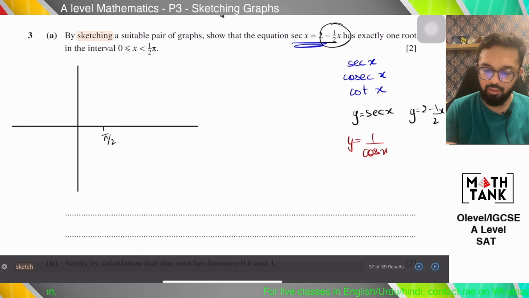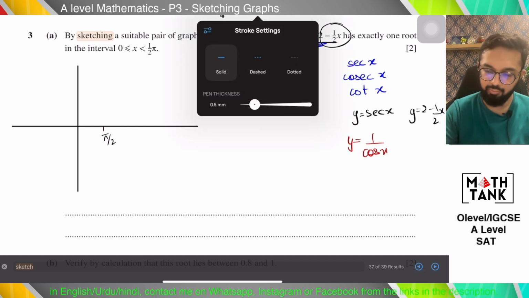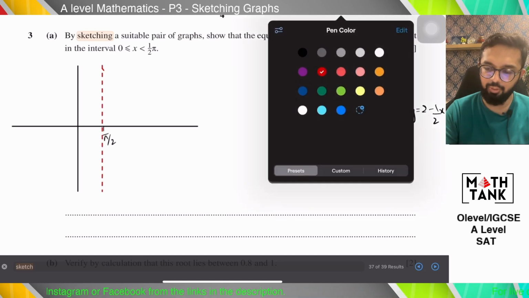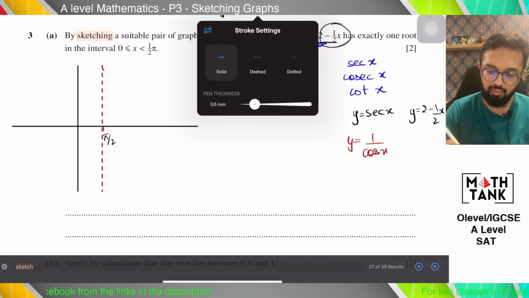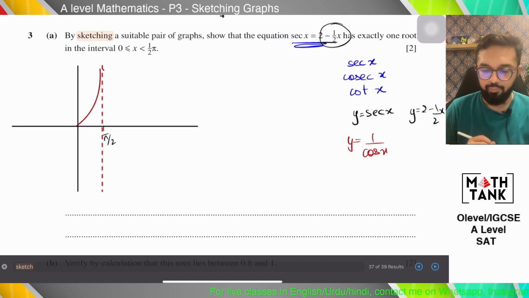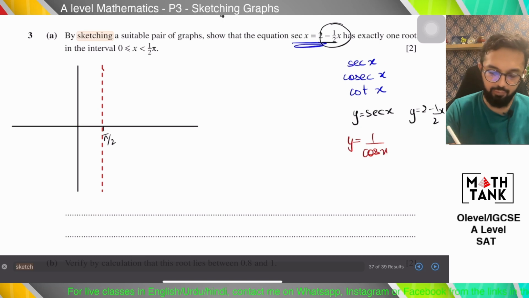Cos x used to look like that, so sec x will have an asymptote here. That is what the graph of, no, not from 0, it's from 1.